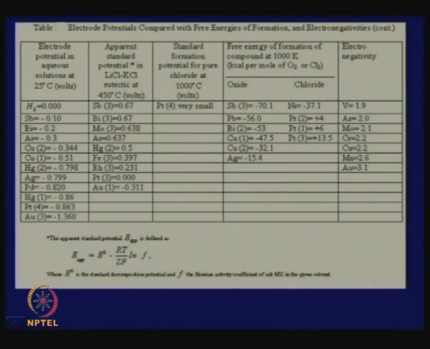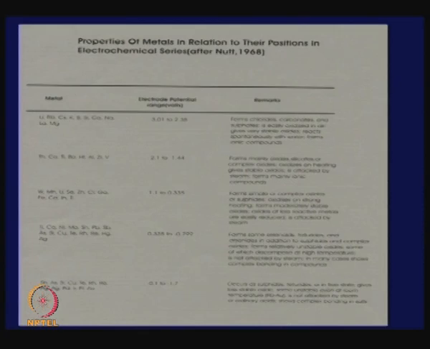Now, if we have understood that not all metals are similar in terms of reactivity, and if they are not similar, what will happen? They will obviously form different kinds of compounds. I have listed some characteristics here.